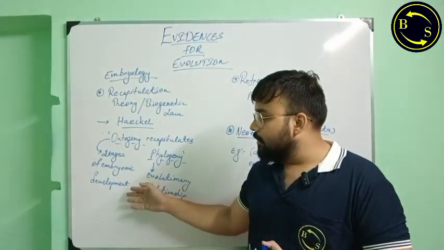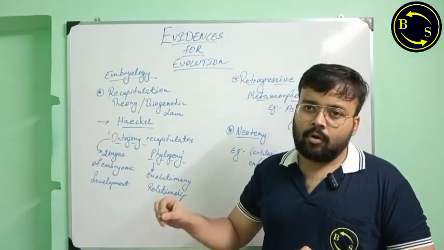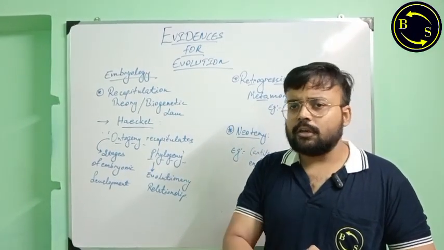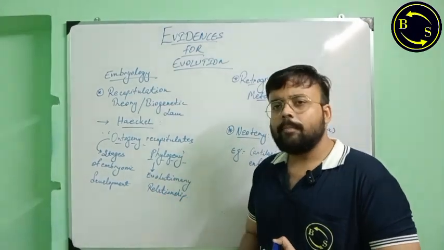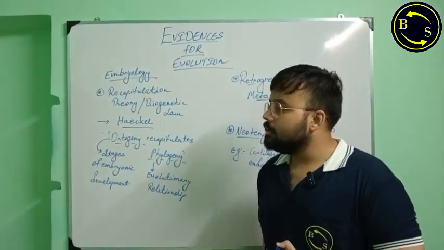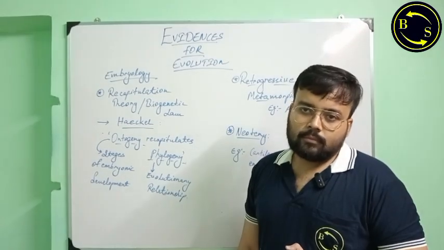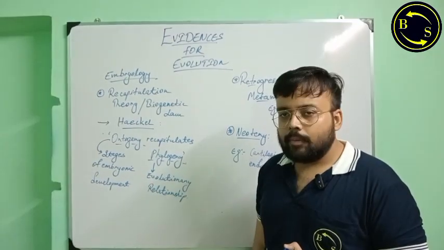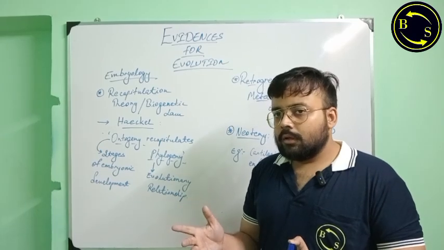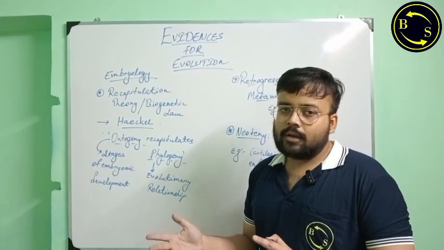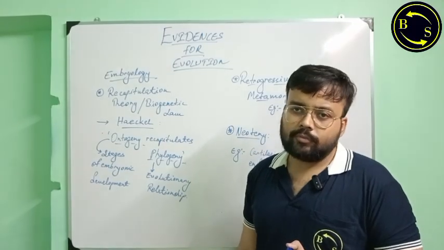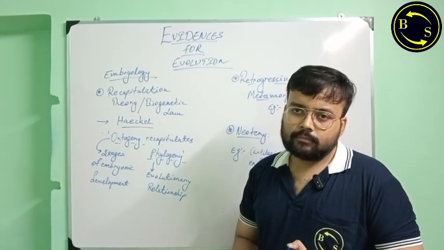And since every human embryo on this planet undergoes the same procedure for development, it is known as the recapitulation theory, because embryonic development recapitulates or remembers and follows the track of evolutionary relationship of eukaryotes, of non-chordates and chordates.